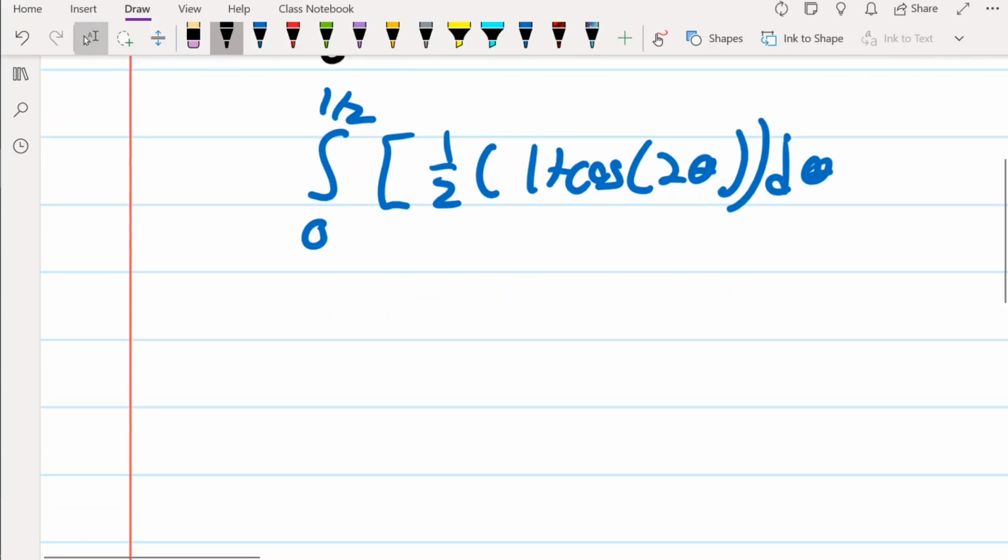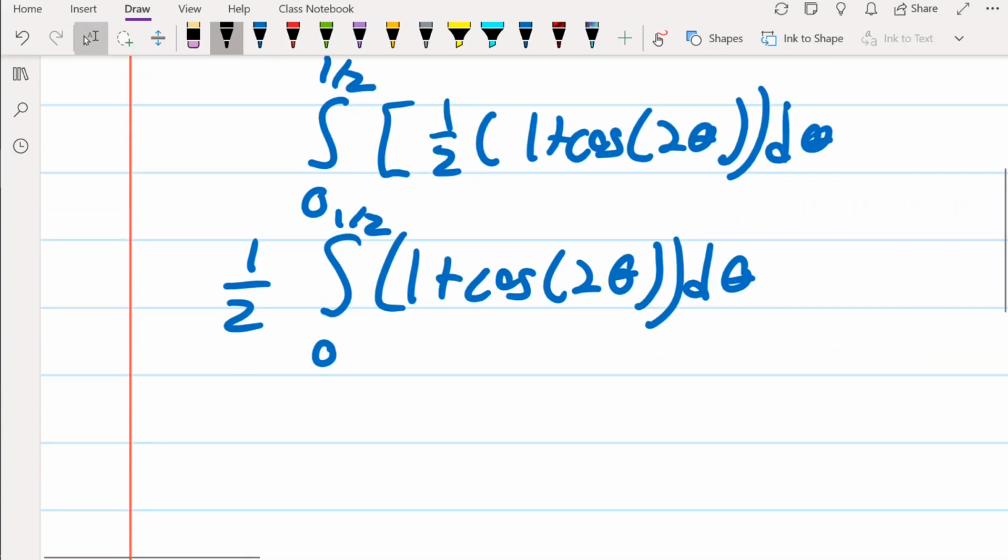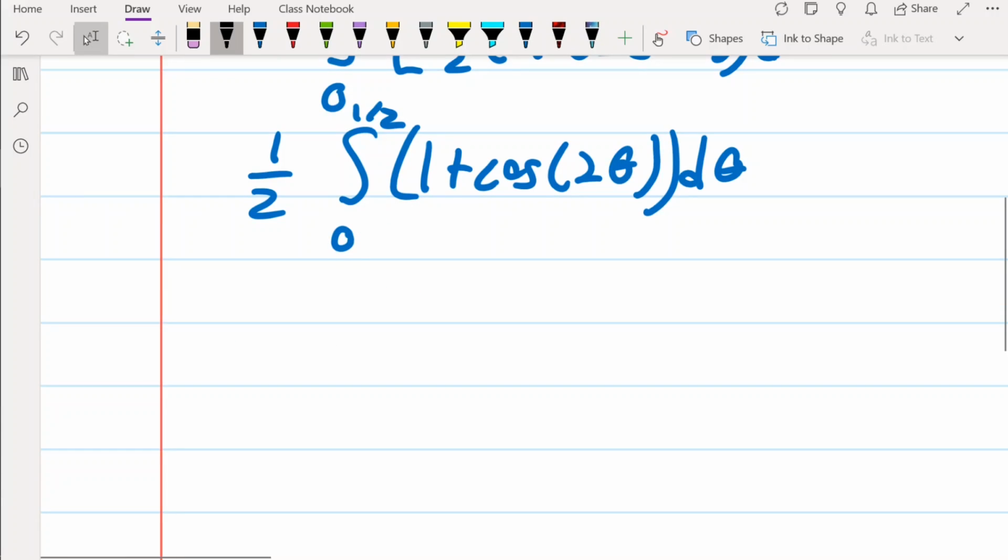So with this, we will substitute it and take 1/2 out to the front. So from 0 to pi over 2 of 1 plus cosine of 2 theta d theta. And then we will integrate.